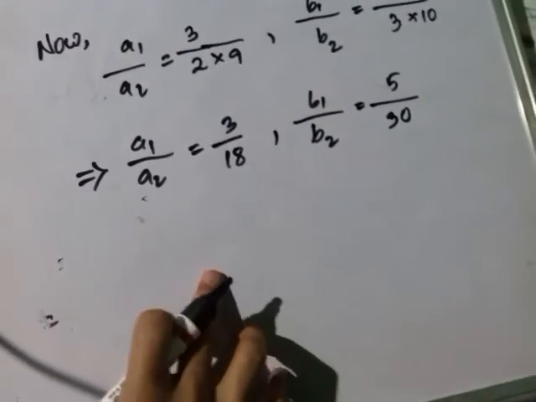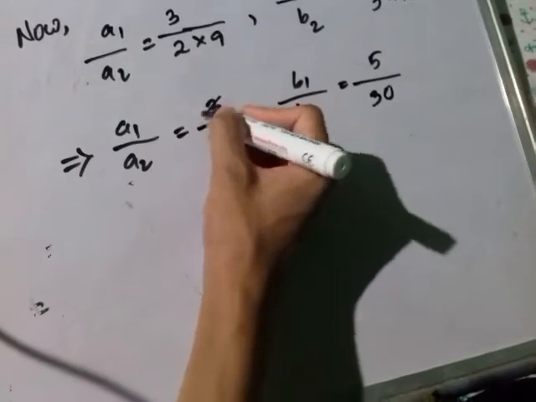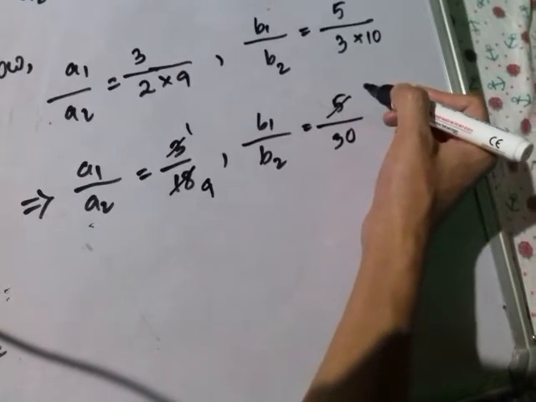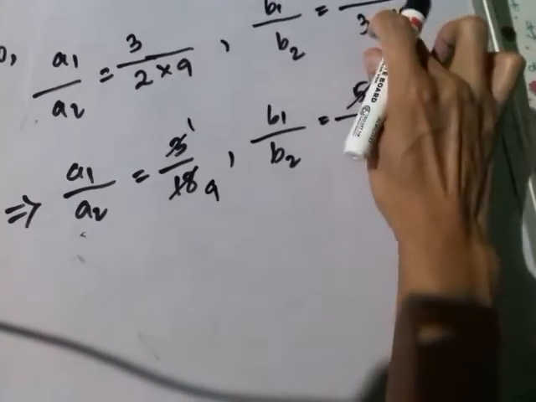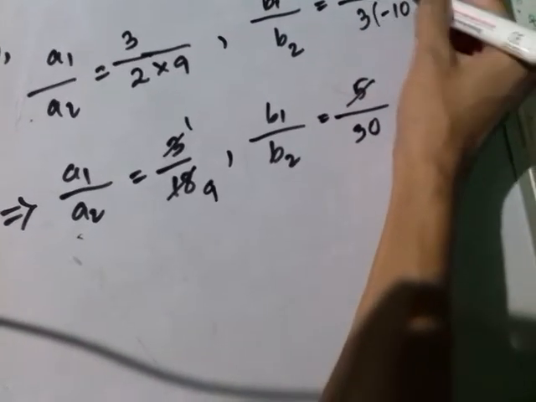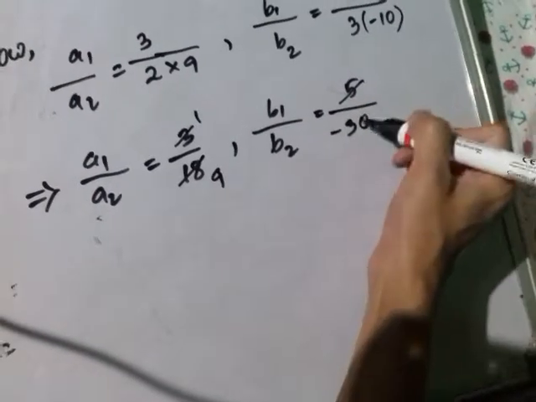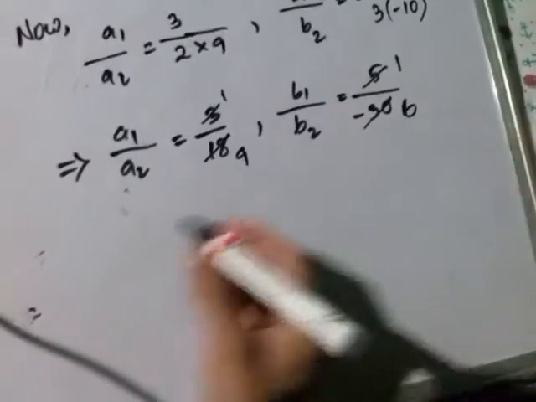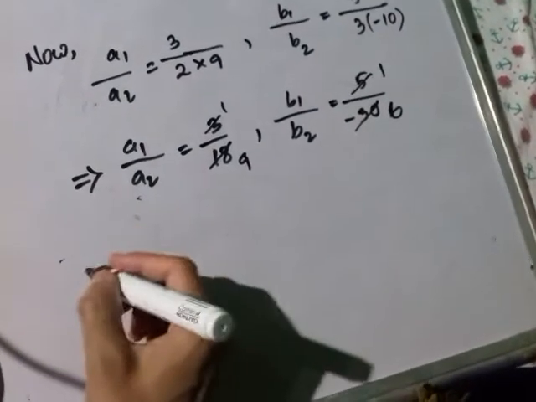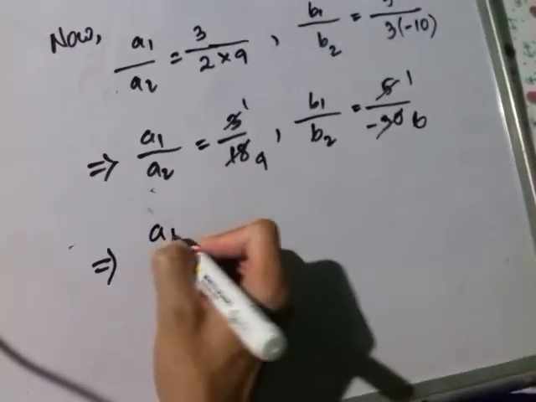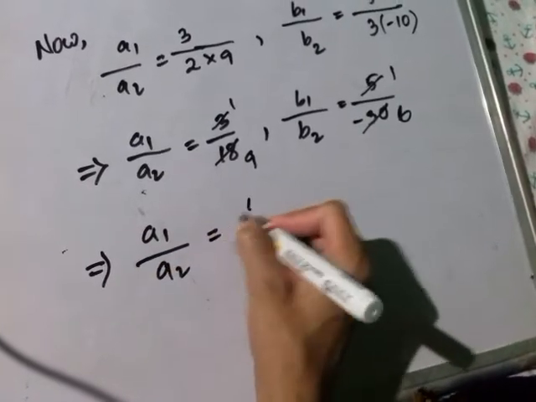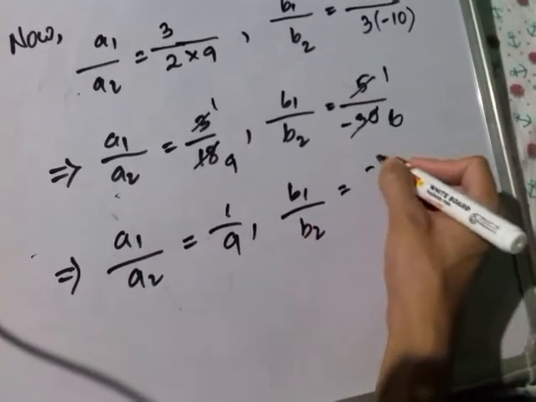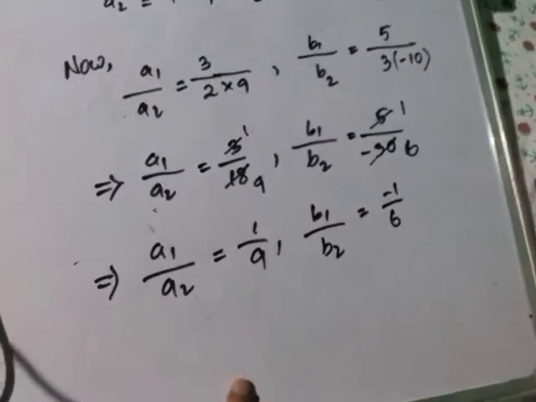So you see here, 3 1s are 3, 9. 5 by minus 10, sorry, it is minus 10. Minus 10, here will be minus 30. 5 1s are 5, 5 6s are 30. So here a1 by a2 is 1 by 9, b1 by b2 equals minus 1 by 6.